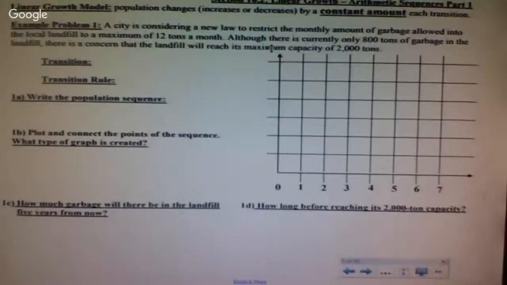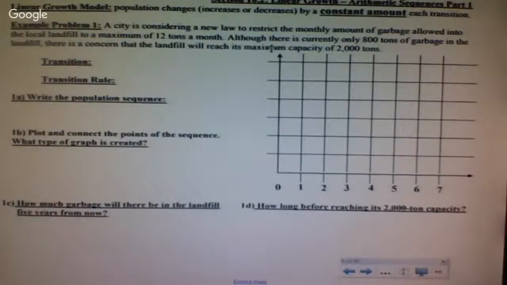So, an arithmetic sequence, we said yesterday, is linear, which means if I graph it, it creates a straight line. So, this says, a city is considering a new law to restrict the monthly amount of garbage allowed into the local landfill to a maximum of 12 tons a month.